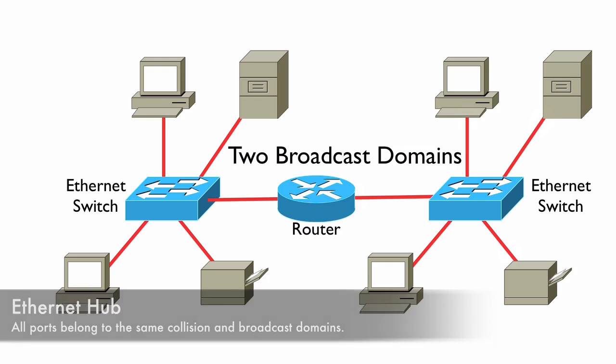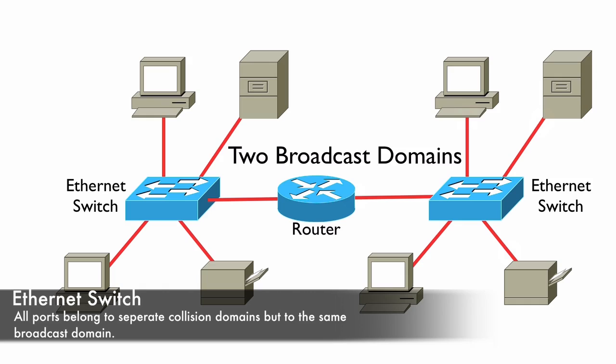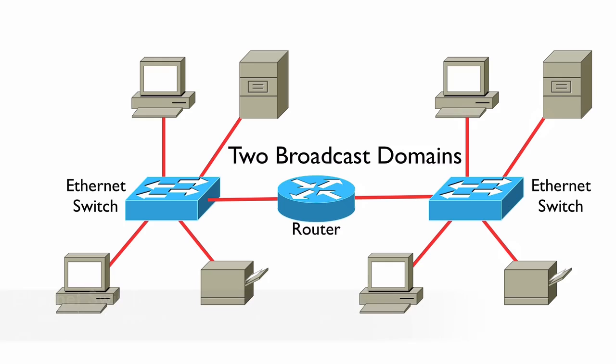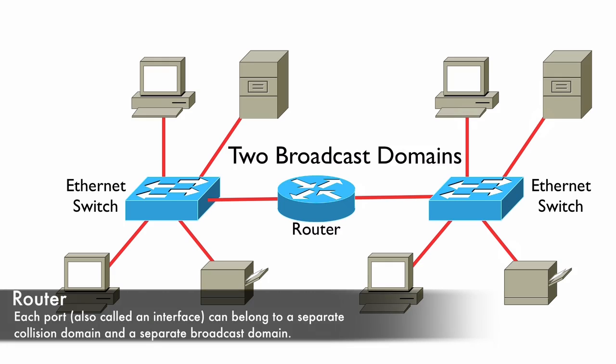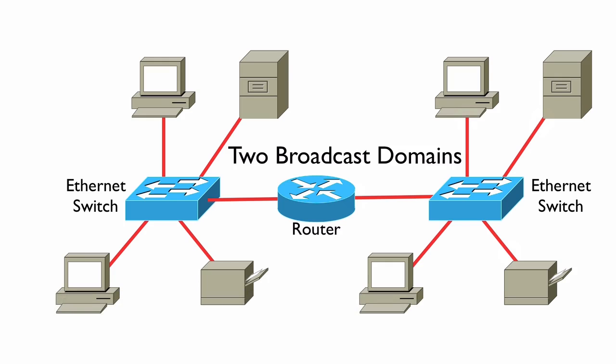Each port on an Ethernet switch belongs to a separate collision domain, but they all belong to the same broadcast domain. A router can separate broadcast domains. This means that every port on a router could belong to a different broadcast domain, and of course, each port on a router also belongs to a different collision domain.